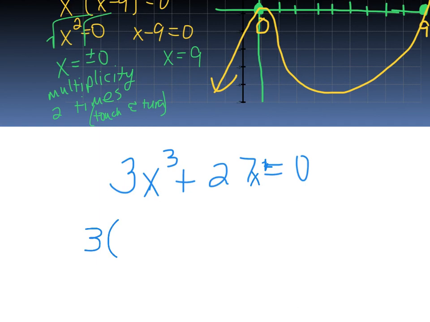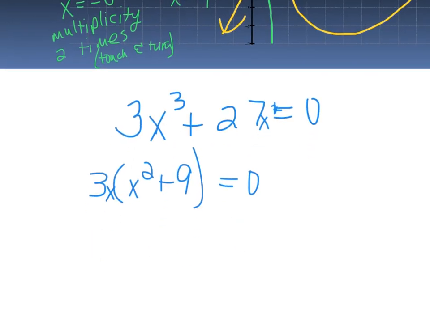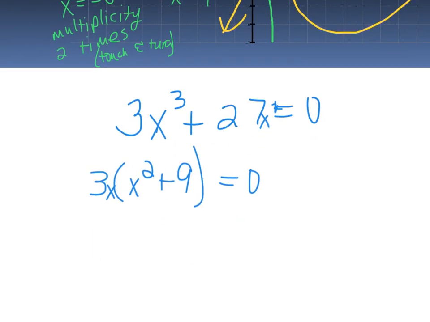So I can take out what? 3x. So I'm left with x squared plus 9. Agreed? Okay. Guys, is that the difference of perfect squares? No. Difference means it has what sign in the middle? A minus. Yeah, I just made this problem up.